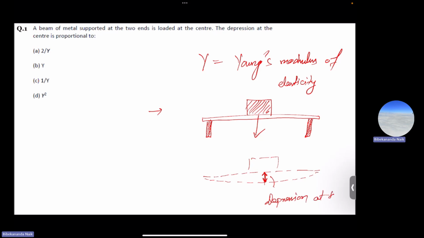We need to find out if this is the depression, whether it will be proportional to 2 by Y or 1 by Y or Y square. I'll give you a few minutes, then we will discuss what the correct answer is.